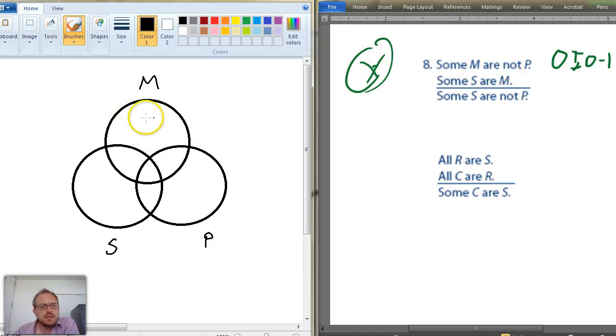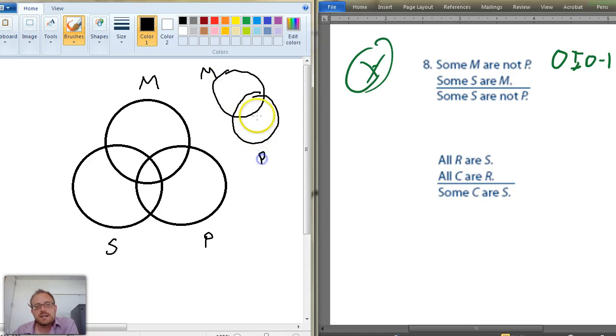Some M are not P. Now, this may be helpful here. Remember, if we draw a practice diagram, and this might help you when you do it, at least in the beginning, if this is some M are not P's, technically I would draw it right there. Put the X right there. But take a look over here.